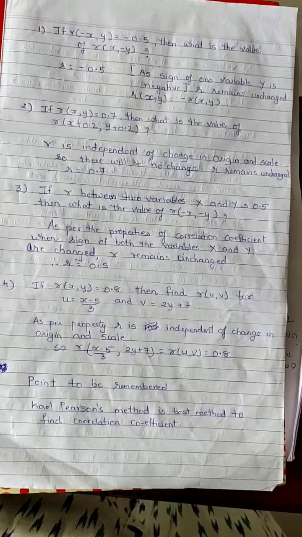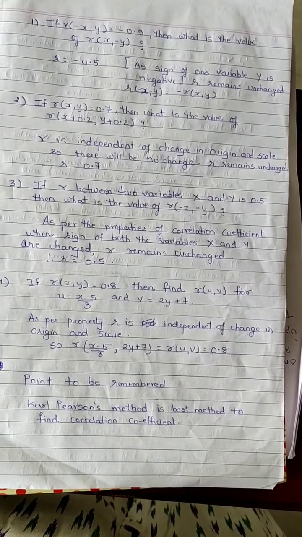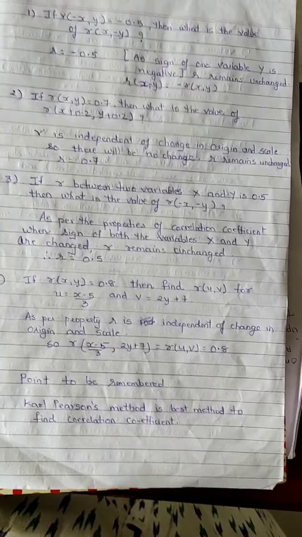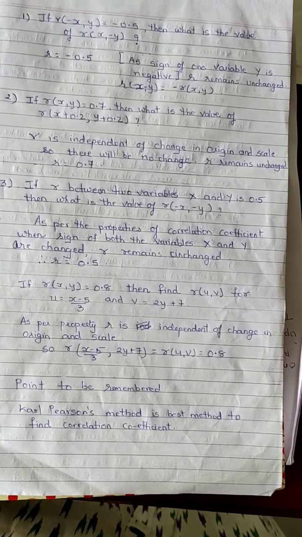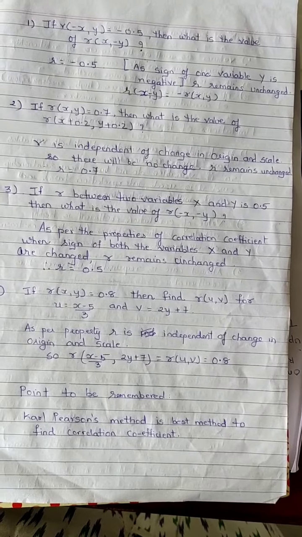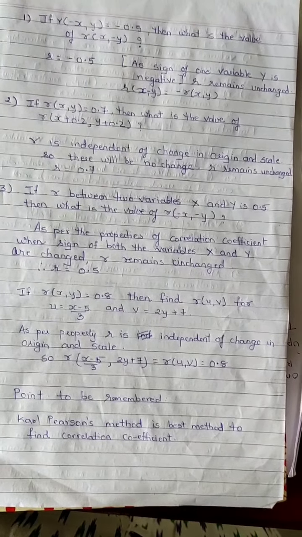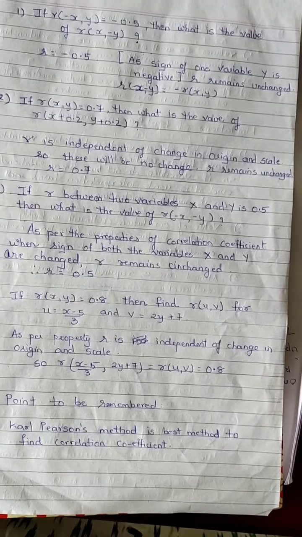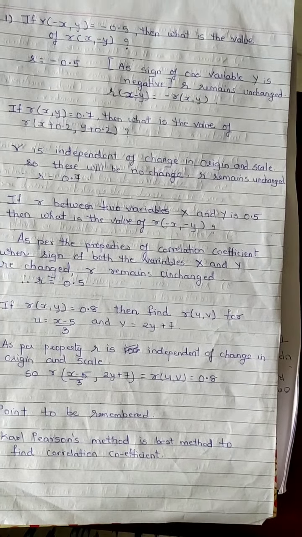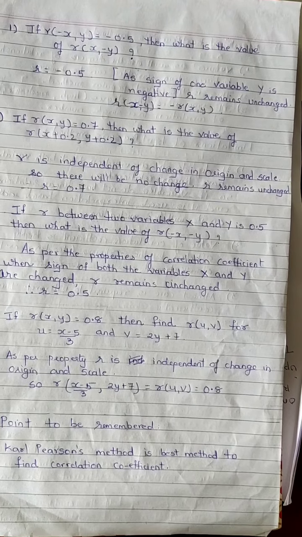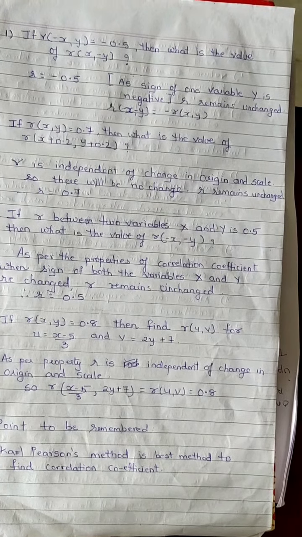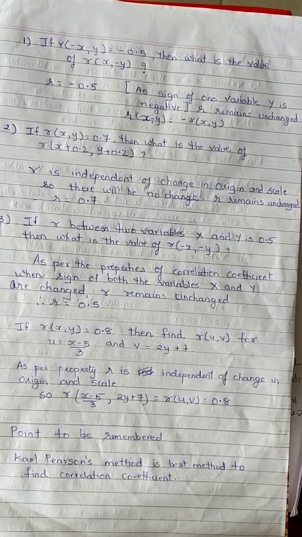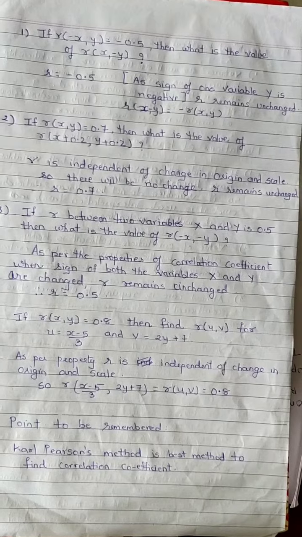Third, if r between two variables x and y is 0.5, then what is the value of r(-x, -y)? As per the properties of correlation coefficient, when the sign of both variables x and y are changed, r remains unchanged. Therefore, r is equal to 0.5.